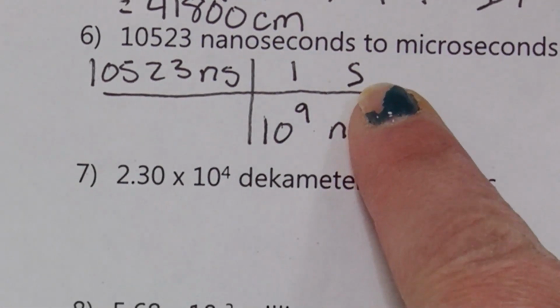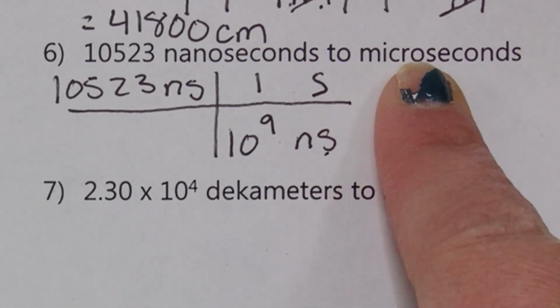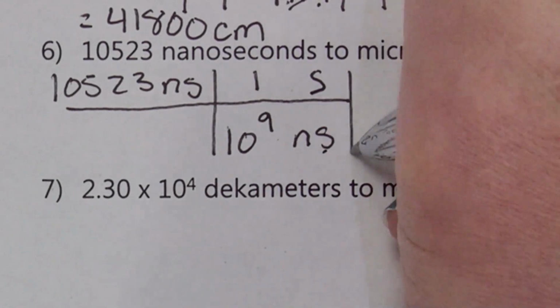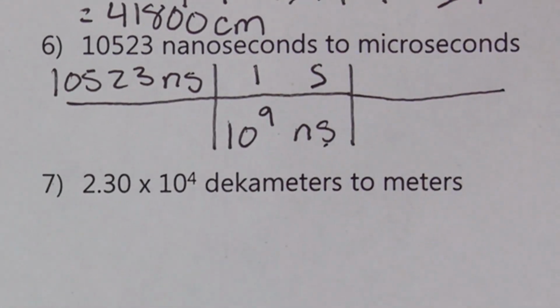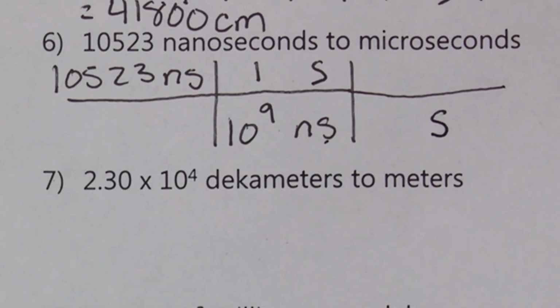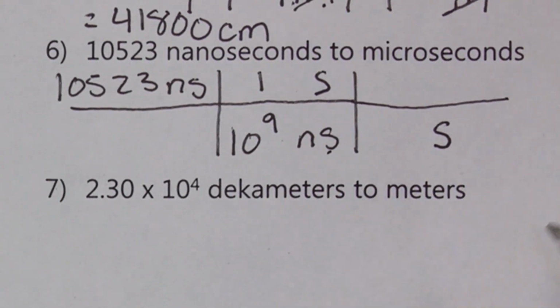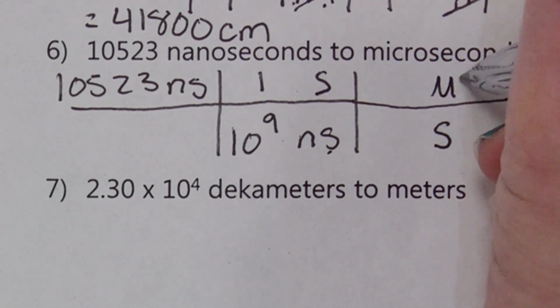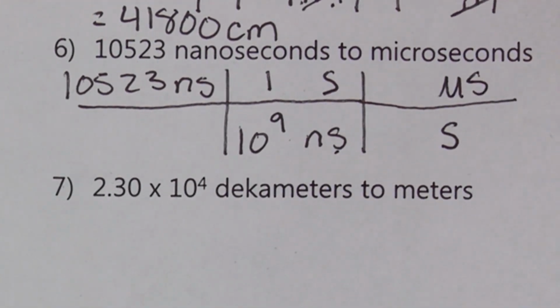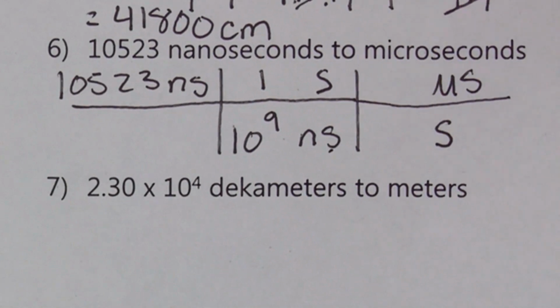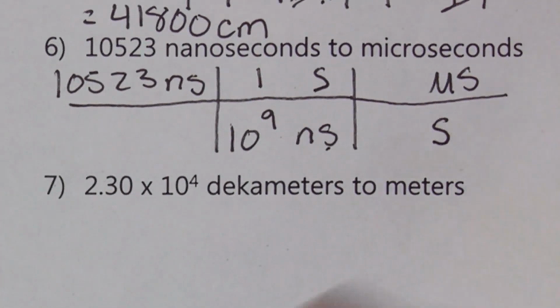Now, I am in a second, and I want microseconds, so I have to do another step. Second is on top. It has to go on bottom. Because second is the base unit, I can go direct to the microseconds. I have to determine which one of these units is the larger.